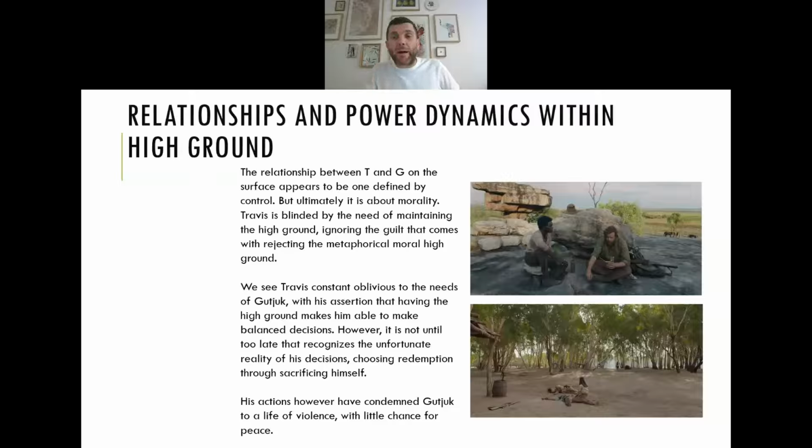But ultimately, taking that high ground and having that power causes cyclic violence. It causes him to most probably be hunted for the rest of his life. And we've spoken about this scene at the bottom of the screenshot, where Travis's gun is pointed at Gilweri and Gutjuk as they ride away. It's evident that they're most likely going to be hunted and chased for the rest of their lives.